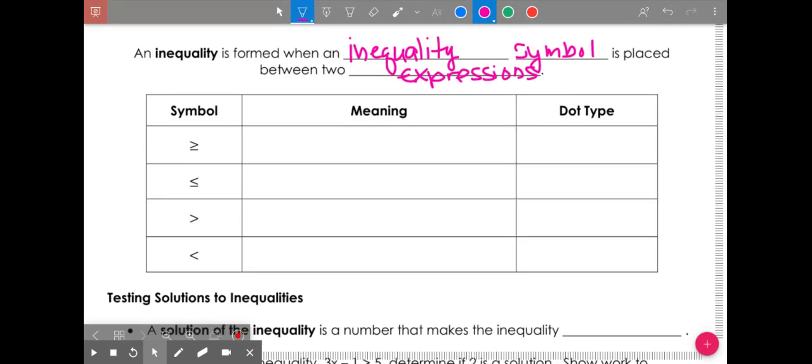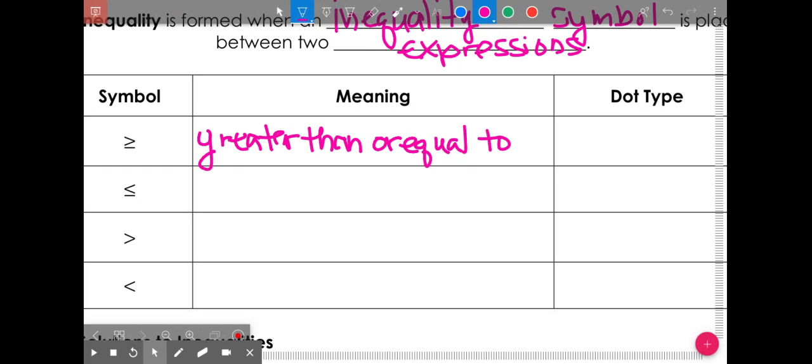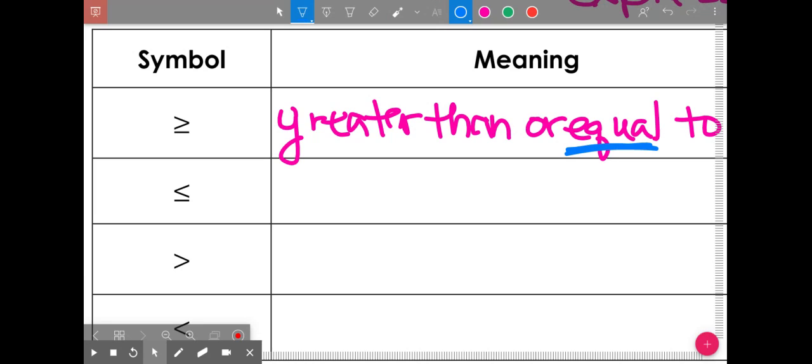Okay, so this first symbol is greater than or equal to. So you can see right here, equal. And you can see in the symbol, there's an equal sign kind of hybrid meshed in there.